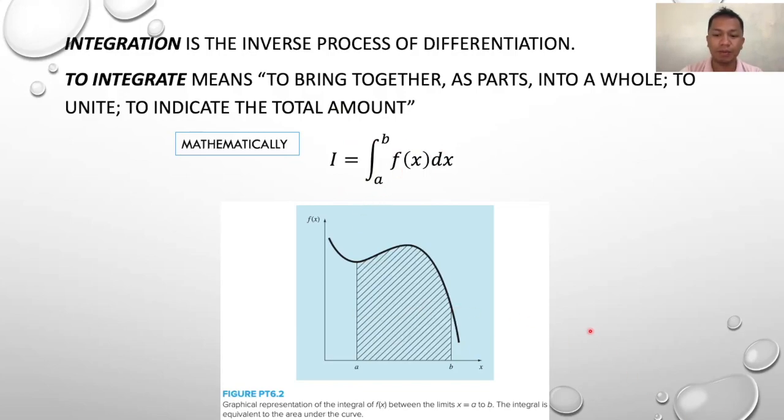So the figure represents the graphical manifestation of the concept. For functions lying above the x-axis, the integral expressed in this equation corresponds to the area under the curve of f of x between a and b.